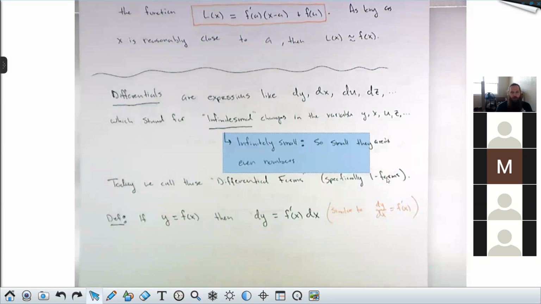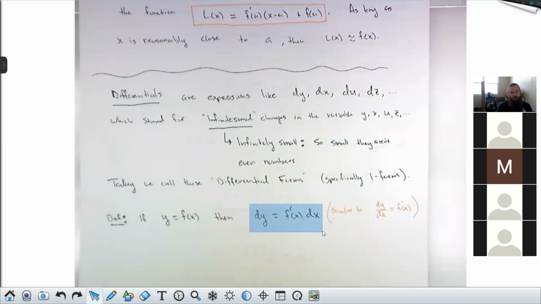Because these things are so small, they aren't even numbers, we can't multiply or divide by them. It doesn't work that way. They're not that kind of object. There is this thing called non-standard analysis, where people talk about hyperreal numbers. And in that setting, you can define an algebra where you can multiply and divide by things like dy and dx. But really, it's not correct, and they're not real numbers.